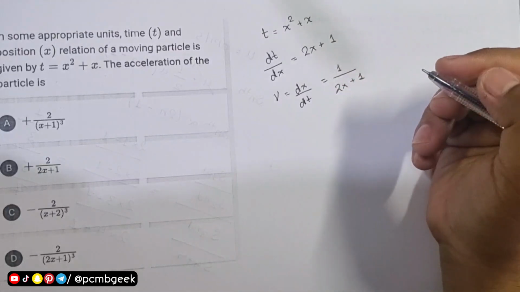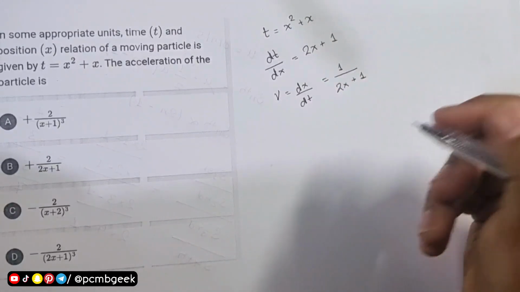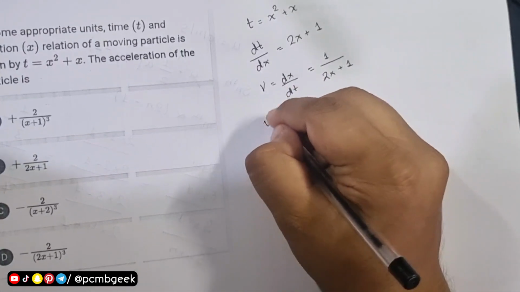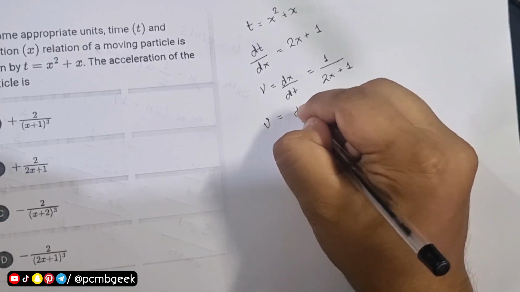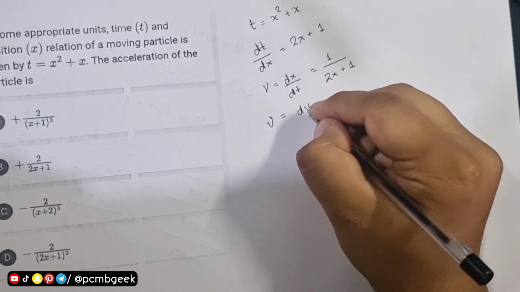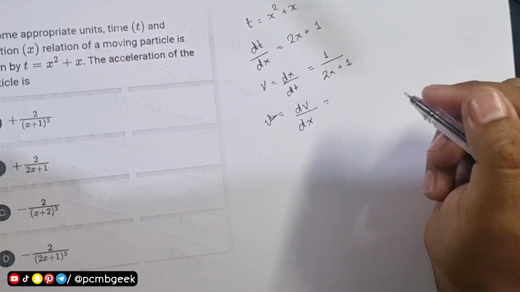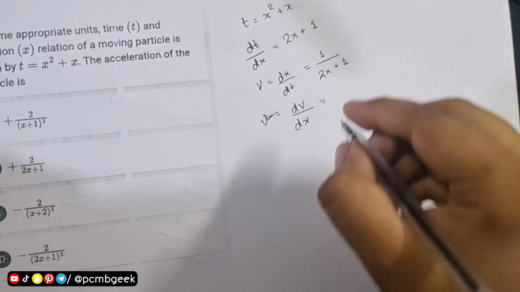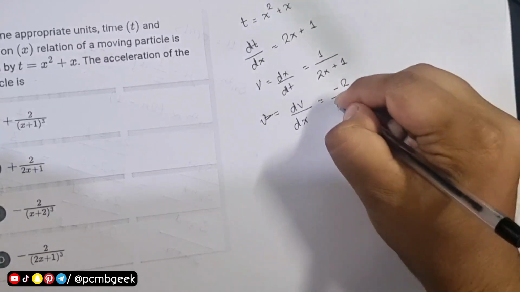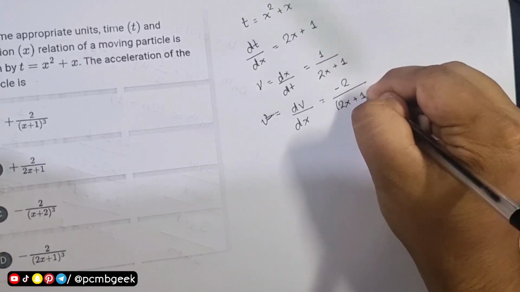Now we also need to calculate the derivative with respect to x, dv by dx. Now we need to calculate the rate of change of velocity with respect to x. We get minus 2 upon 2x plus 1 raised to power 2.